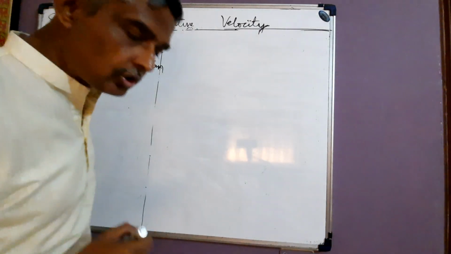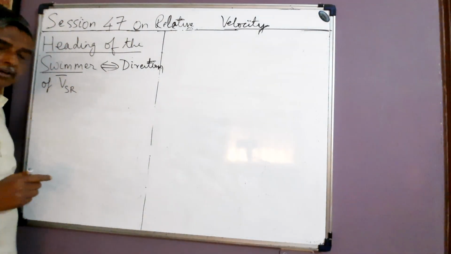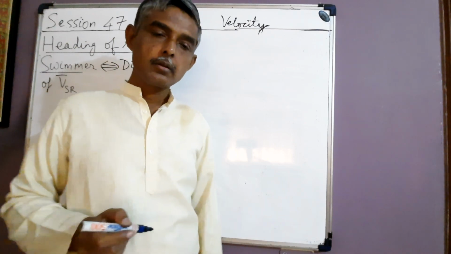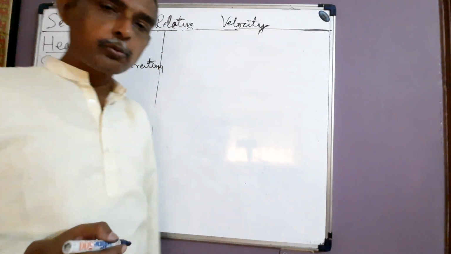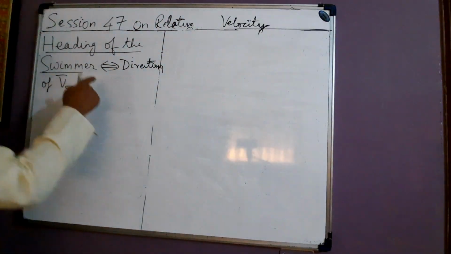So instead of swimmer, if you have a boat, then heading of the boat means direction of vector VBR. So this means heading.